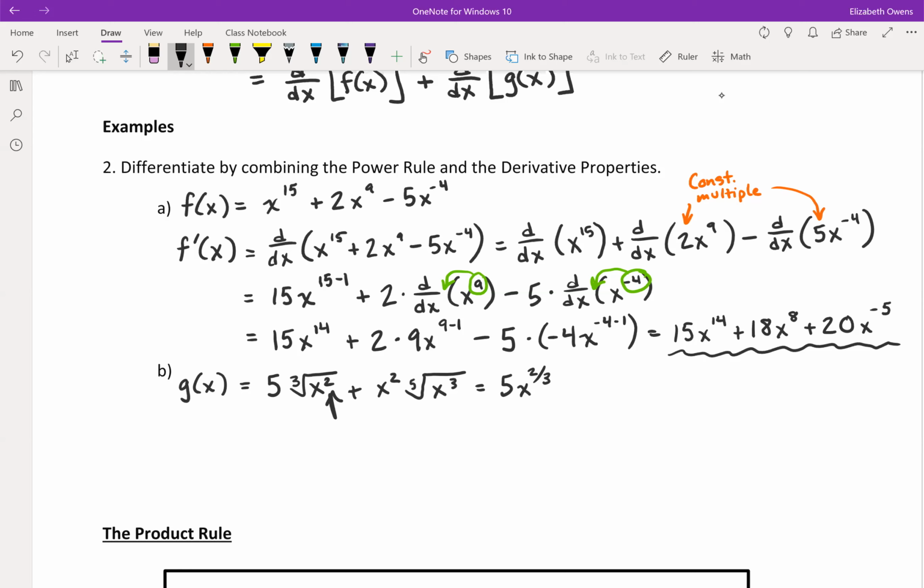This exponent goes up in the numerator right there, and then the type of root goes in the denominator. Okay, so 5x to the 2/3 plus x squared, and then this 5th root of x cubed would be x to the 3/5.